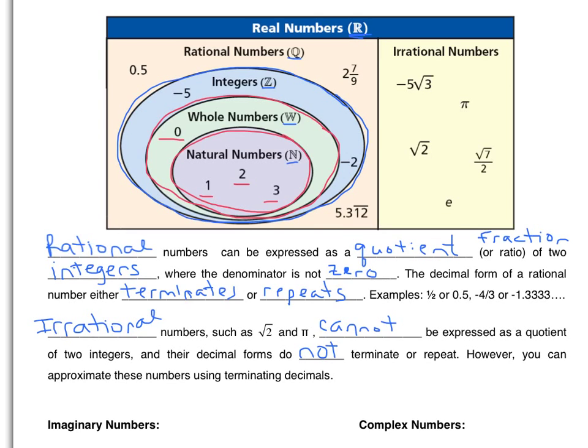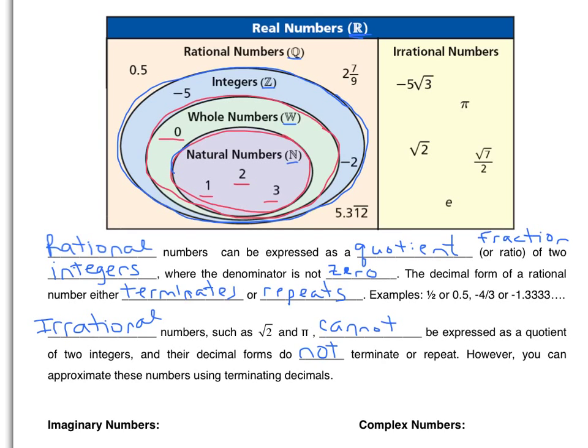So we have -5, -4, -3, -2, -1, 0, because that's a whole number. And then we also include natural numbers, so all the positives, 1, 2, 3, 4, 5, 6, 7, 8. So from negative infinity all the way to positive infinity, as long as we don't have fractions, we have integers. At this point, there are no fractions or decimals of any sort in our numbers.